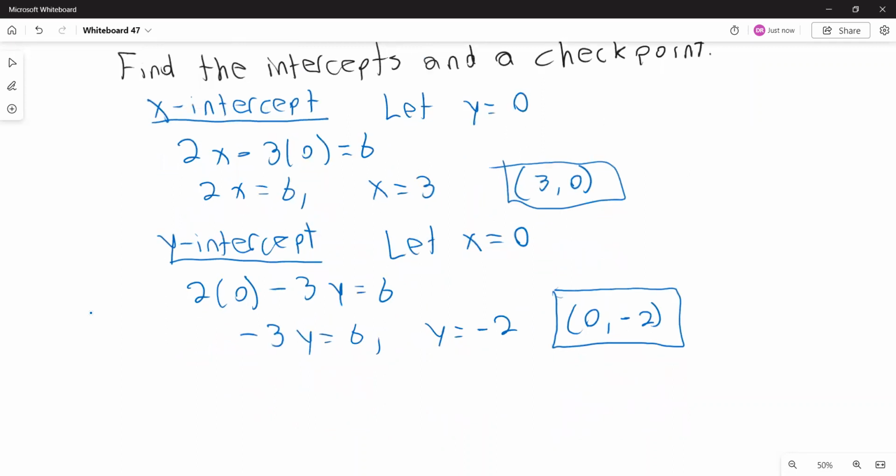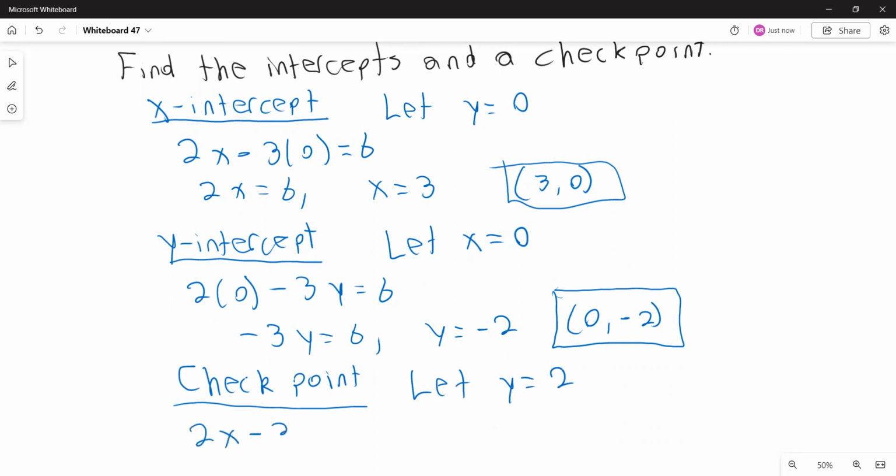So let's do a checkpoint. Let y be 2. And 2x minus 3 times 2 equals 6.